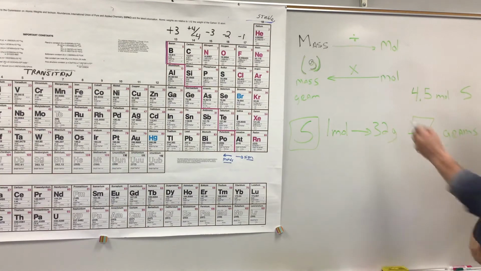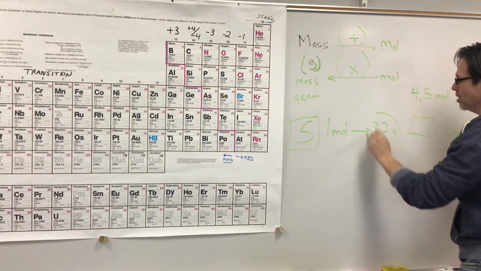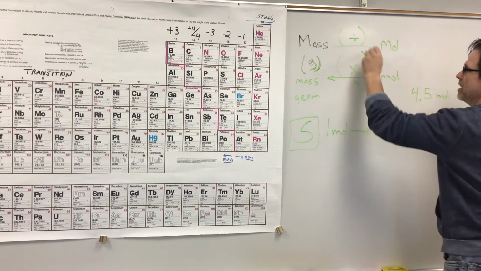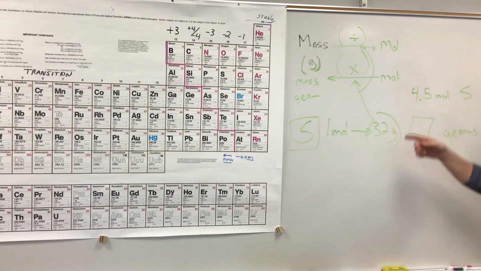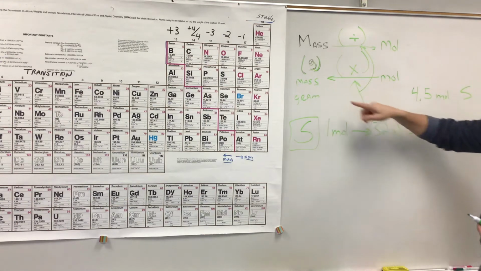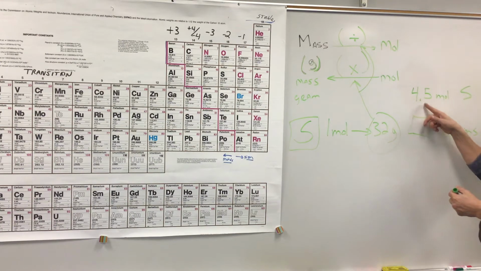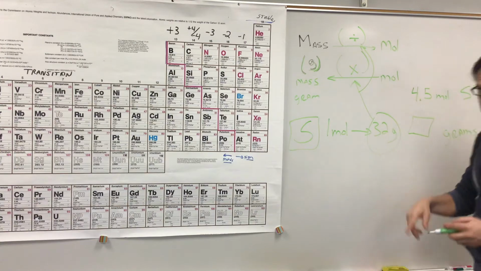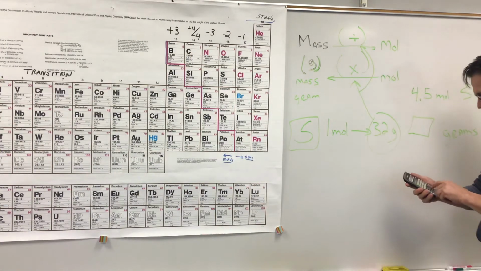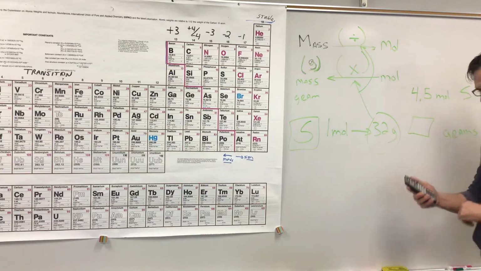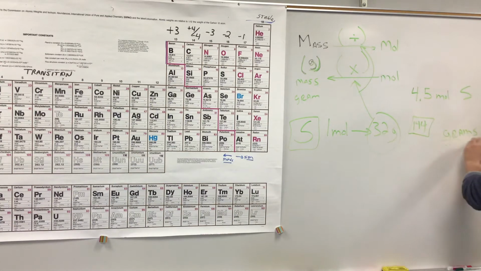This value is always going to be the molar mass, the atomic mass. Depending on which direction I'm going depends on if I'm going to multiply or divide. Here I'm going from moles to mass, so I take my 4.5 moles times the atomic mass, which is 32. 4.5 times 32, and the answer in the calculator is 144 grams.